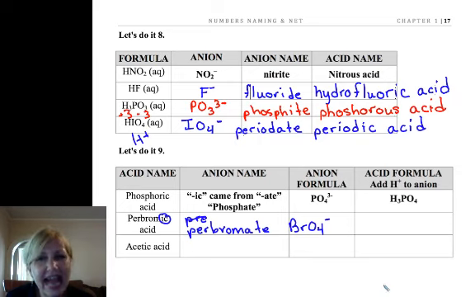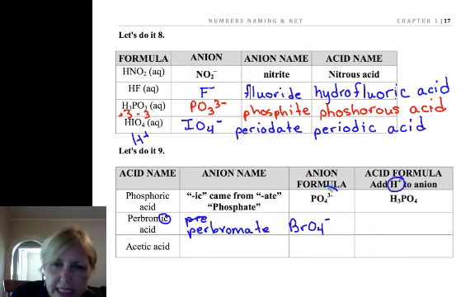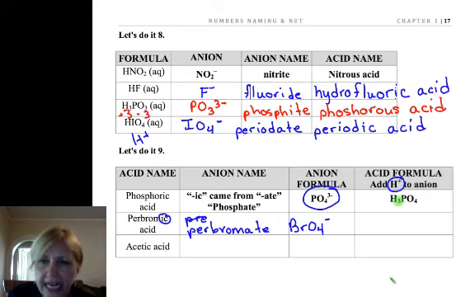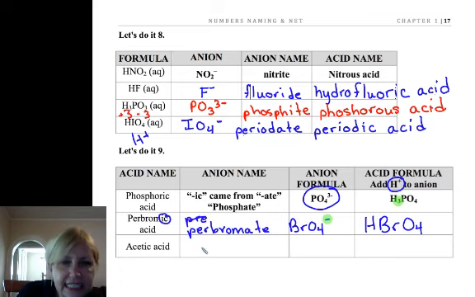Now to get the acid formula, we add H plus to neutralize all the negatives. In the previous case we had 3 negatives, and so we added 3 H pluses. Now in this case we have 1 negative, so we only want to add 1 H plus. So it's HBrO4.